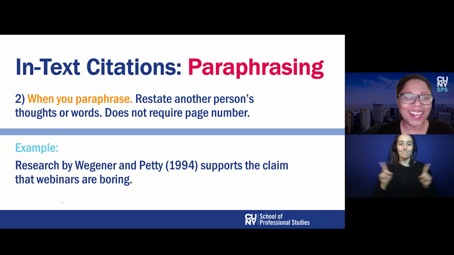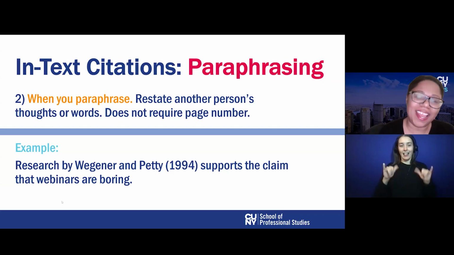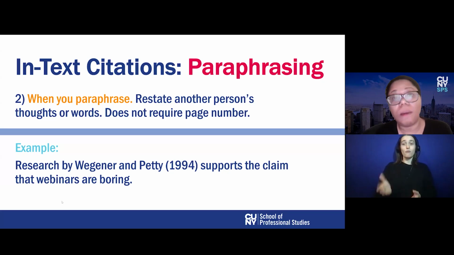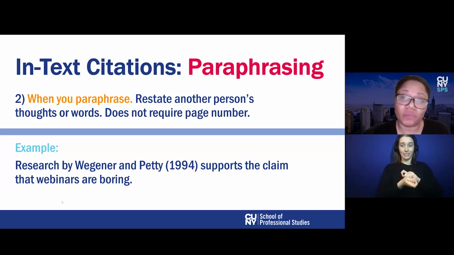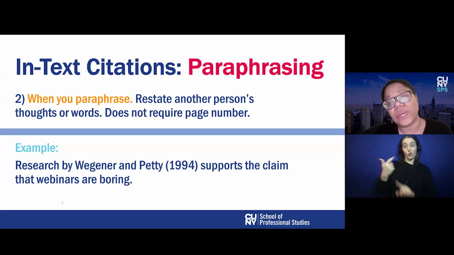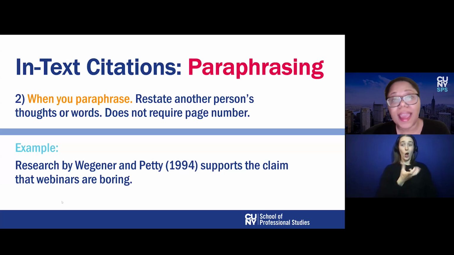But either way, it is important to note that APA recommends using paraphrasing more than you directly quote your sources. If your paper has too many direct quotations from other sources, your own voice is likely to get lost and the flow of your paper may suffer. So try not to use too many direct quotations in your writing.